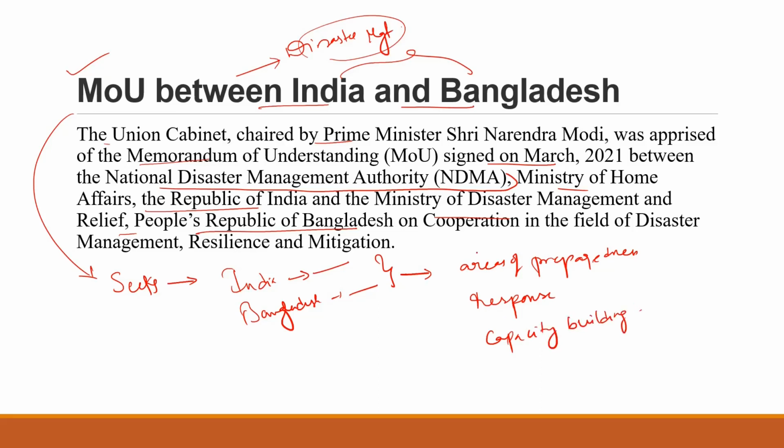So what are the salient features? We have to see the features of this MOU. The first point is that they have to extend mutual support on the request of either of the parties. If India is in need, then Bangladesh has to send its support. If Bangladesh is in need, then India has to send support.